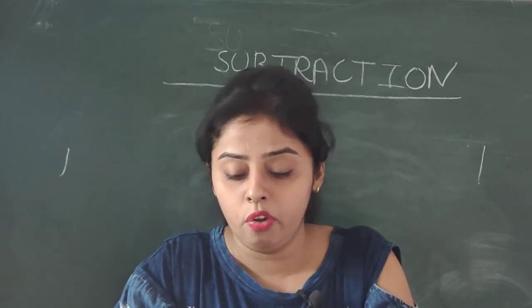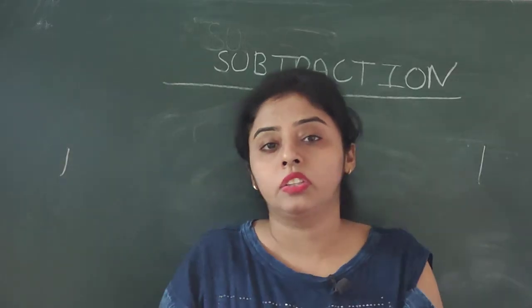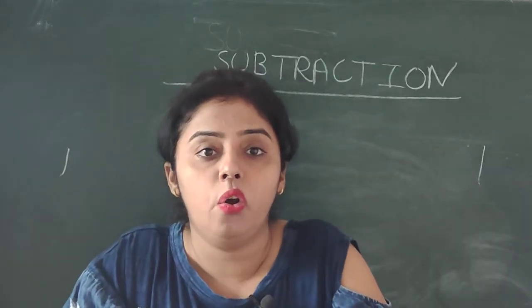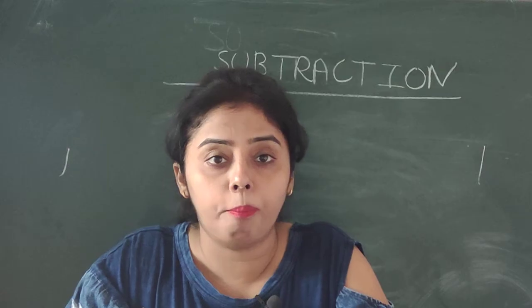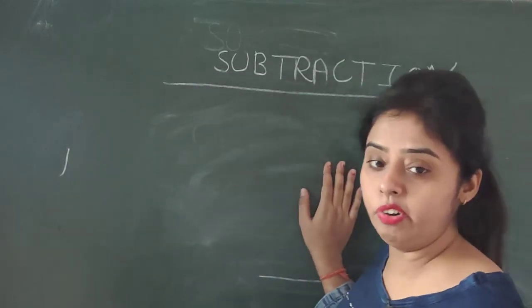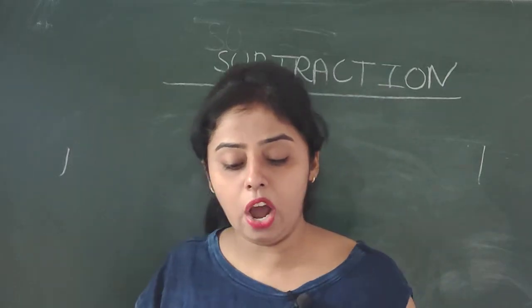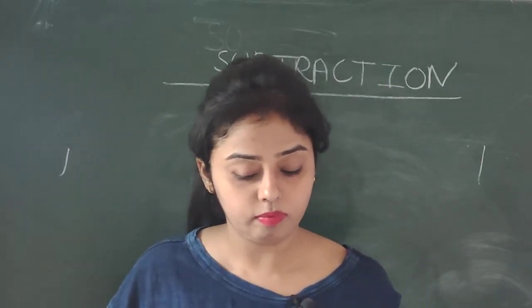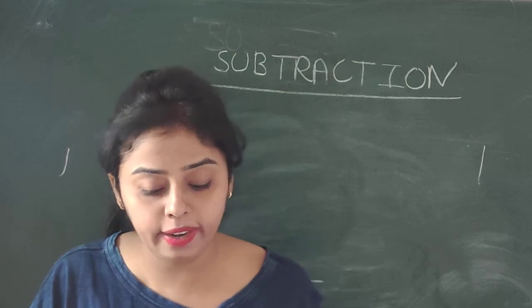So, students, we will start subtractions. Okay? So, please be ready with your pencil, eraser and notebook. Subtraction we will discuss. Heading now in your notebook: Subtractions, 1 digit numbers.